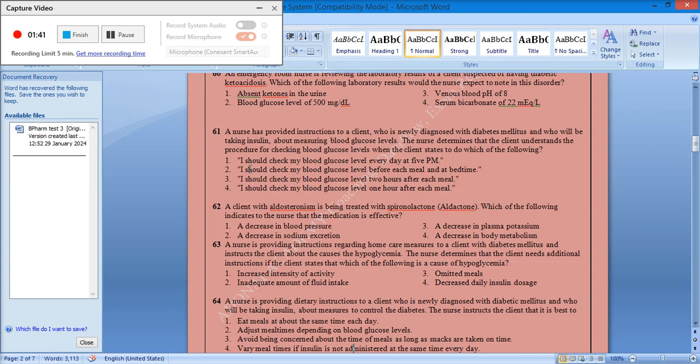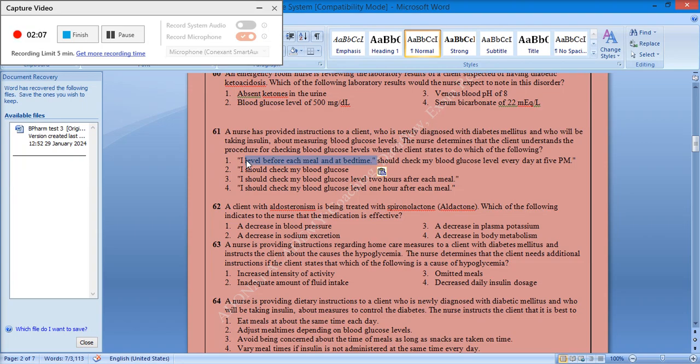I should check my blood glucose level before each meal and at bedtime. 3. I should check my blood glucose level 2 hours after each meal. 4. I should check my blood glucose level 1 hour after each meal. The correct answer is 2. I should check my blood glucose level before each meal and at bedtime.